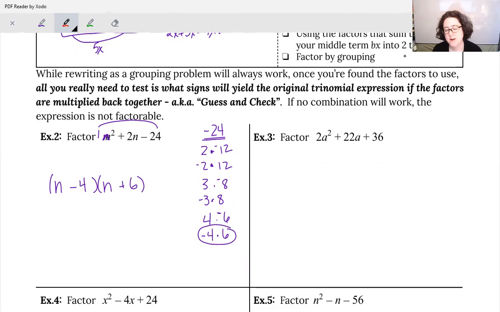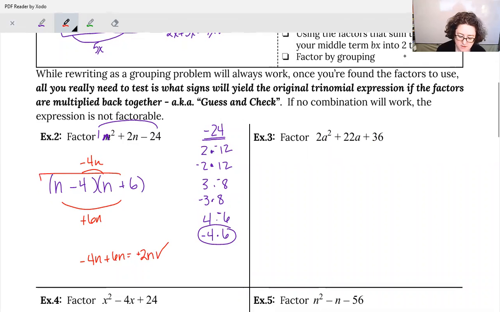We already know that negative 4 times positive 6 gives us the negative 24. So we just need to check for that middle term. We have a negative 4n and a positive 6n, and when I add those together, negative 4n plus 6n gives me a positive 2n. So everything checks out, and that is indeed our factoring.